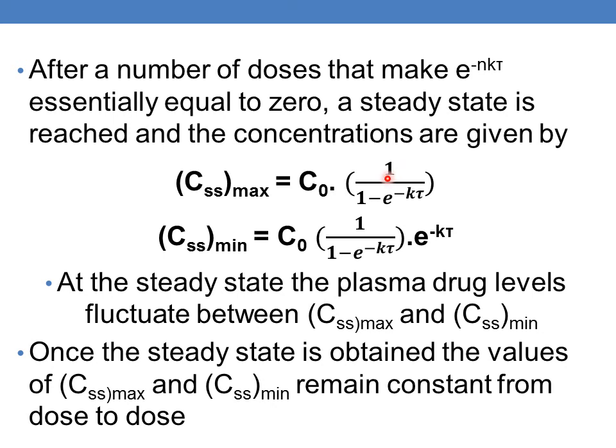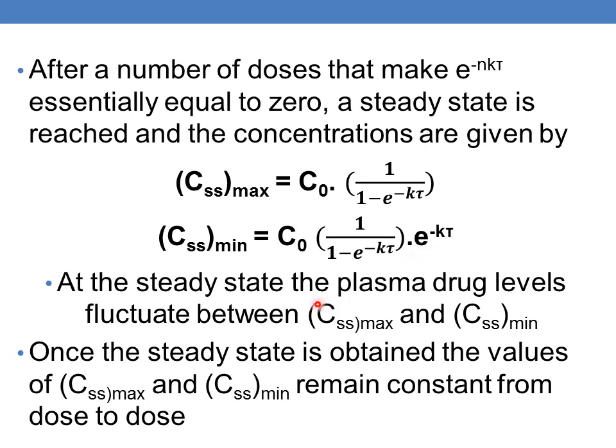So at steady state, CSS max equals C naught into 1 by 1 minus e to the power of minus k tau. Similarly, CSS minimum equals C naught into 1 by 1 minus e to the power of minus k tau into e to the power of minus k tau.